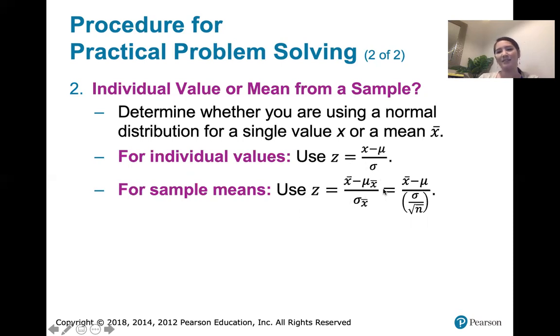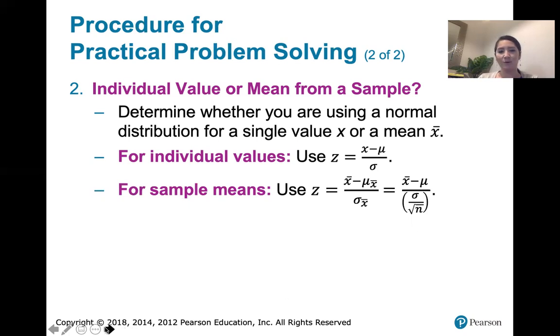You just have to use the correct population parameters for the mean of the sample means and the standard deviation of the sample means. So we want the population parameters associated with that distribution of sample means as opposed to the distribution of the original population. Now, because of the relationship between the standard deviation here and the mean here, this simplifies to this formula over here. So this one on the right is the one we use in practice.